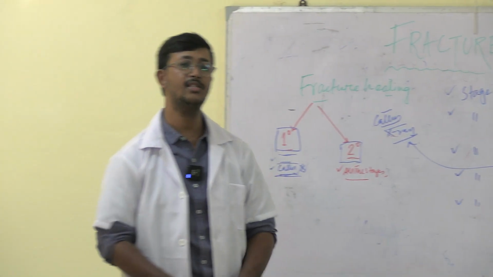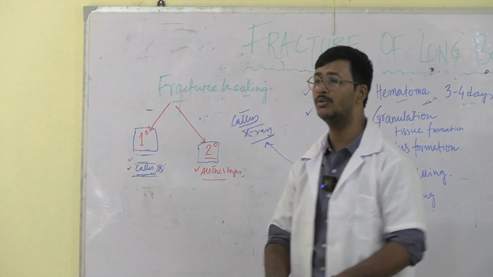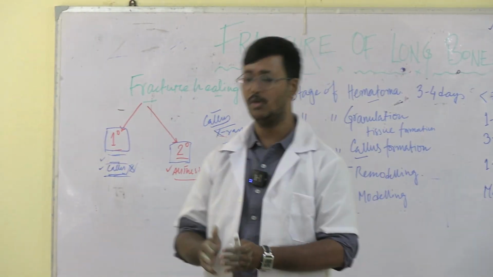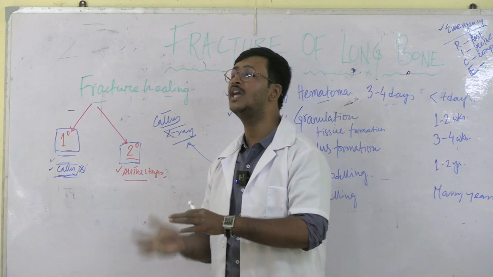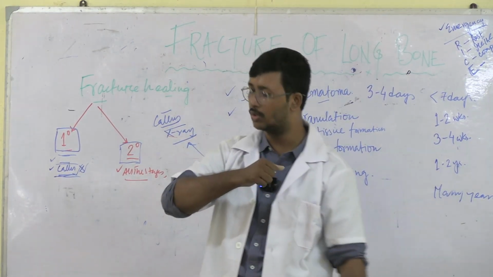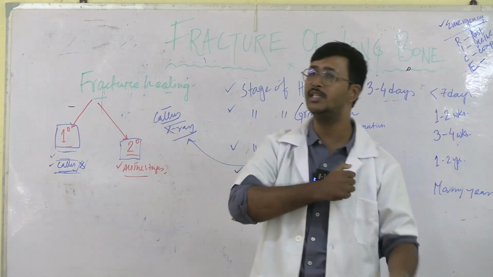Then finally comes the stage of rehabilitation. In rehabilitation, we try to rehabilitate the person with the fracture healing process. That is, you should not move the hand, you should keep it like this, you cannot do this, you cannot do that.